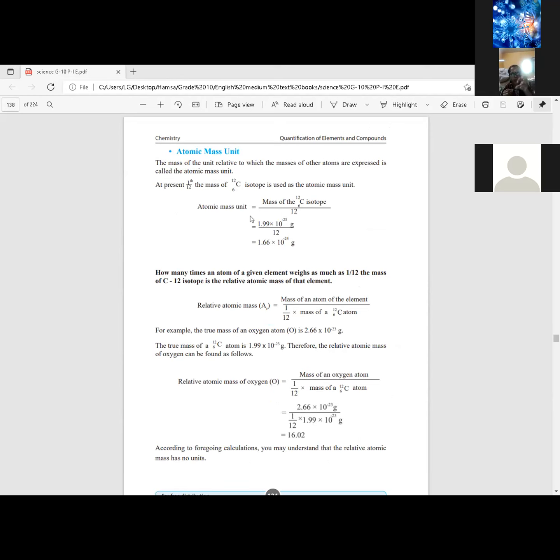So we have selected the mass of an atom and we are going to relate that mass with the masses of the other atoms. That is called atomic mass unit. Understood?